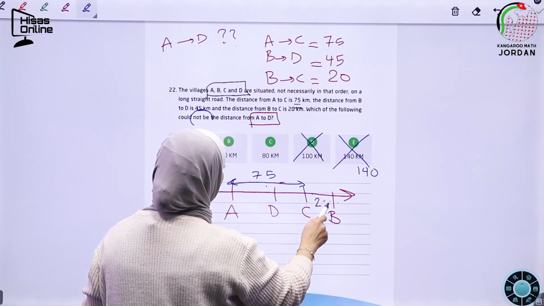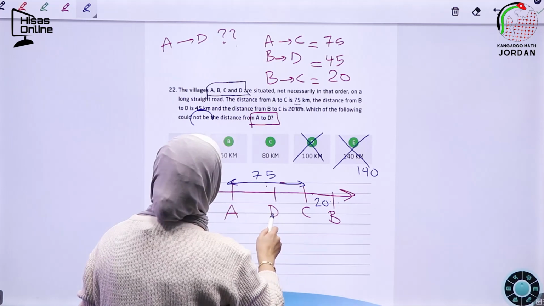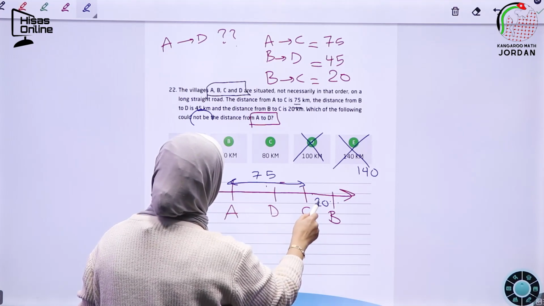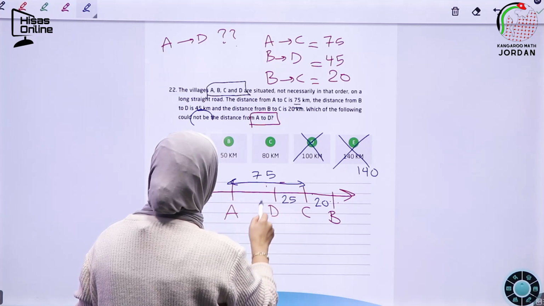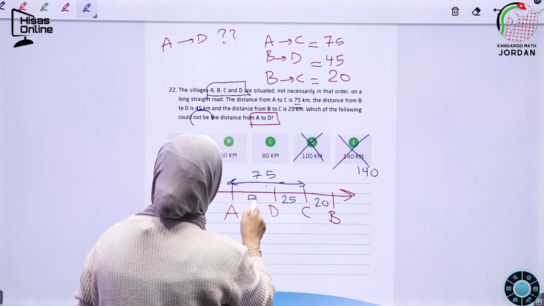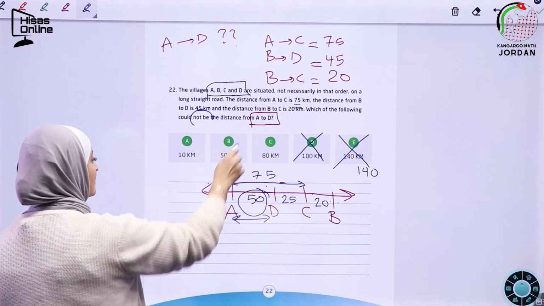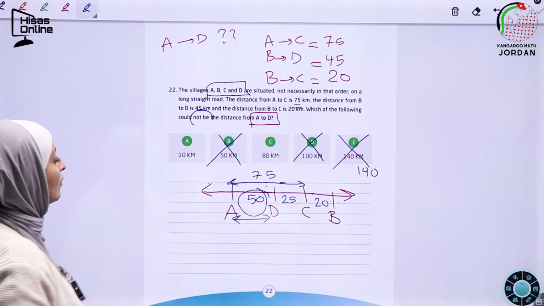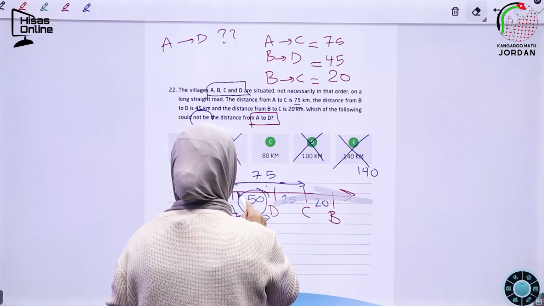BC is 20 and BD is 45, so we cut 20 and here we have 25. From A to D we cut 25 from 75, and we have 50. So A to D in this case is 50, so we also cross this option. We still have two other possible ways to find.